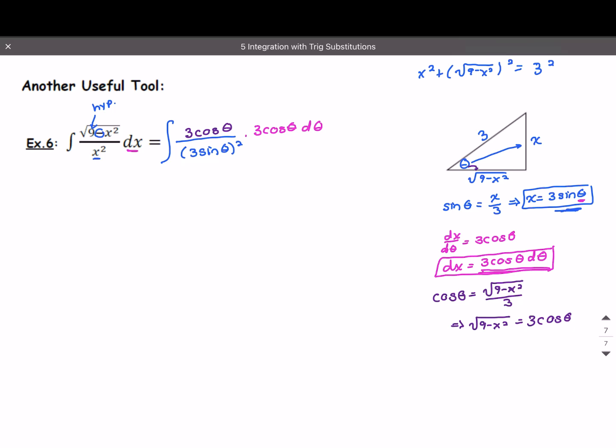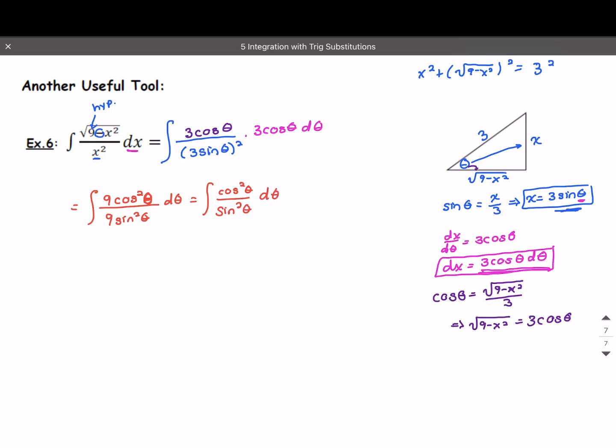Now, let's do a little bit of multiplication here. So we've got the integral of 9 cosine squared theta, and in the bottom, if we square that, we're going to have 9 sine squared theta, and let's not forget our d theta. Okay, those 9's will divide out, and we have cosine squared theta over sine squared theta d theta.